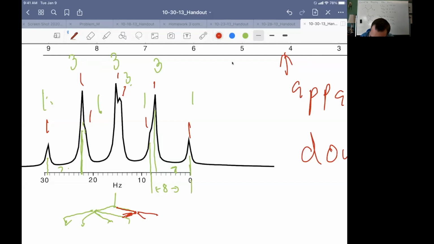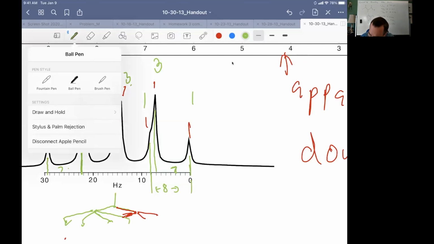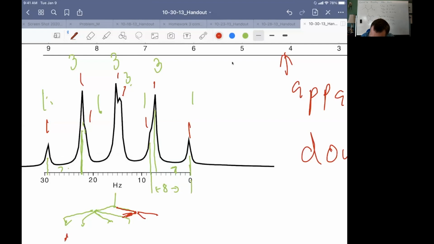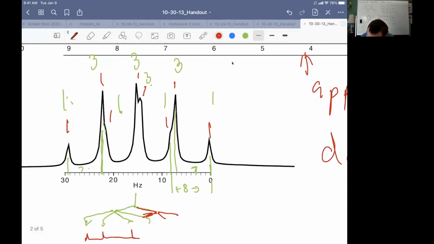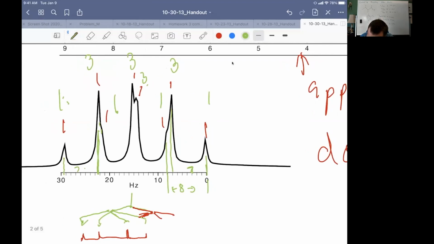But basically what I would be getting, I'll try to use some color, would be 1, 3, 3, 1 here. I'm doing a lousy job this morning.